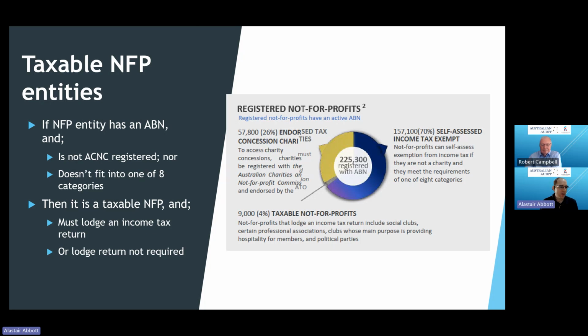And so mutuality sits there as a way that we can potentially reduce the amount of income tax that would otherwise be payable by this taxable entity. Even though taxable but not for profit, it sounds almost contradictory, but they do exist. And they will have to either submit an income tax return, or if their taxable income is below the relevant threshold, around the $400 mark, they may be able to submit a no return required lodgement.